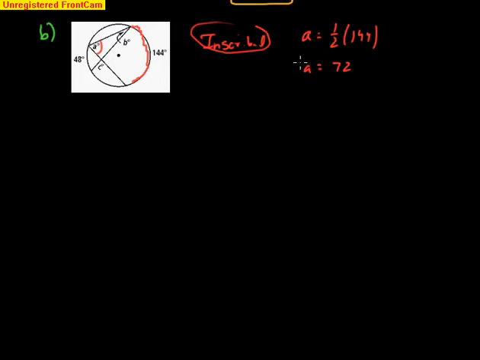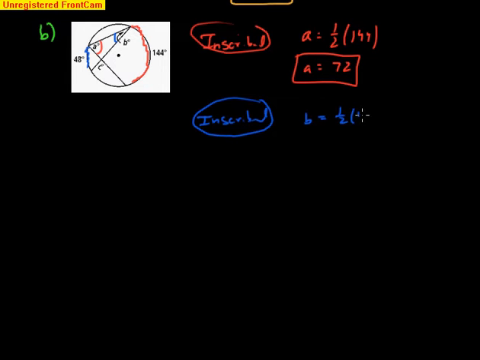So A is going to be equal to 72. B is in the same situation. B is right here. Let's use blue. Trace B, it intercepts this arc. B is again another inscribed angle. So to find B, we're going to take half of 48. That's going to be 24.